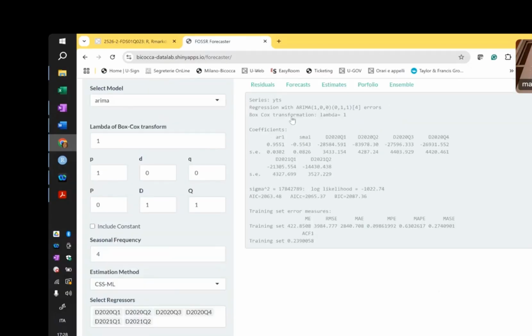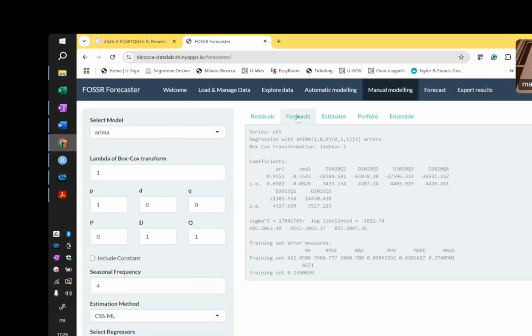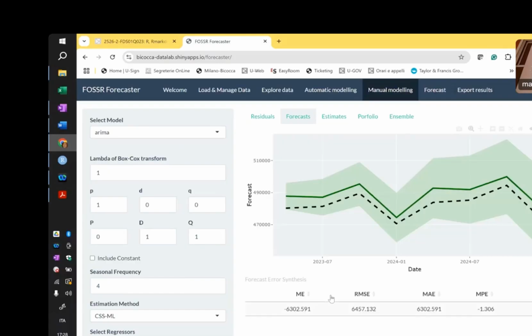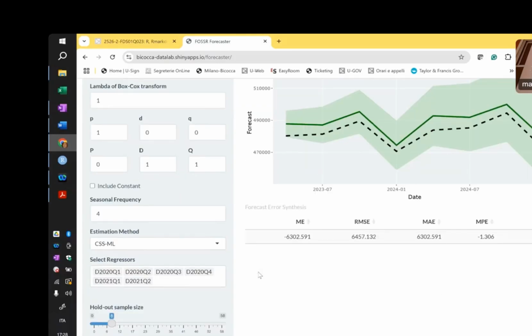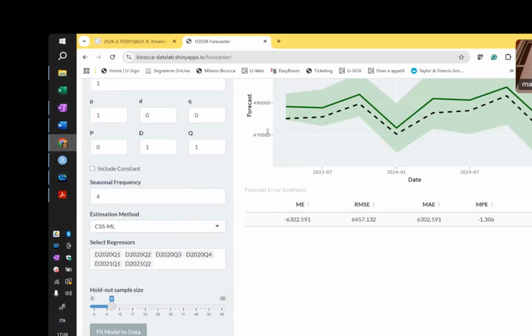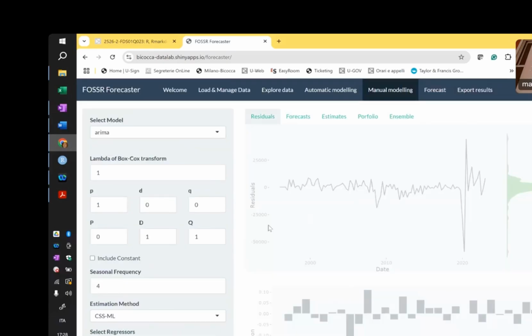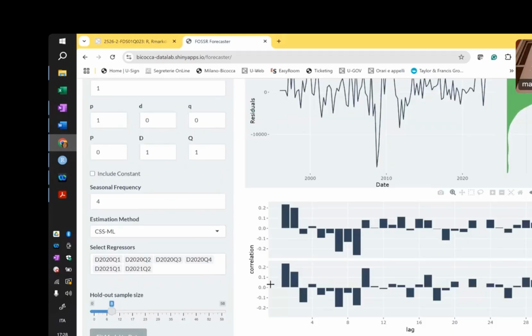But it looks like for some reason we're actually doing worse as far as the forecasts are concerned. And also the residuals are worse.